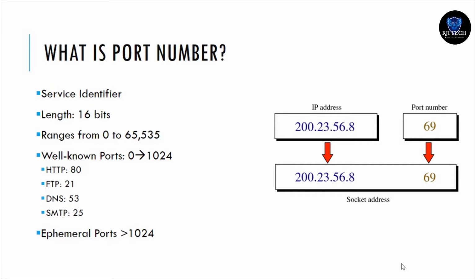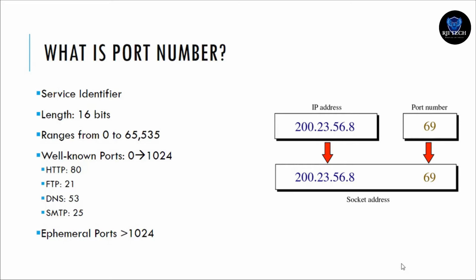For example, port number 80 is for HTTP, port number 21 is for FTP, 53 for DNS, and 25 for SMTP, Simple Mail Transfer Protocol. Port numbers larger than 1024 are called ephemeral ports.